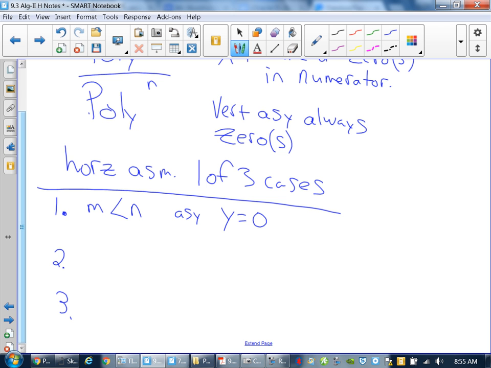This is talking about the degree. So if the numerator is x squared and the denominator is x, this wouldn't work. It would have to be x over x squared. Does that make sense? You're looking at the degrees.